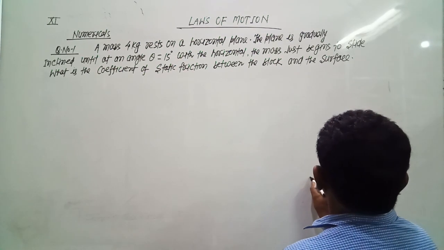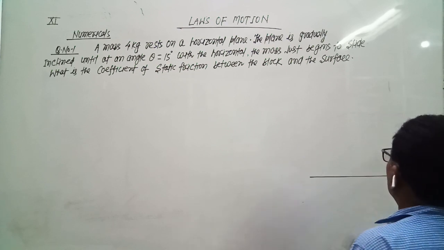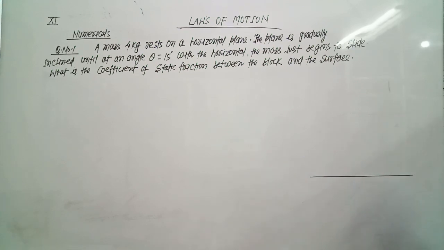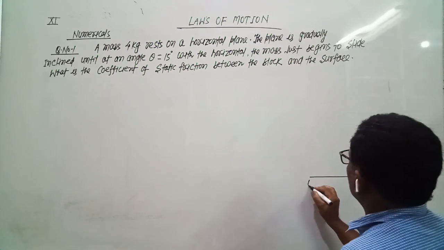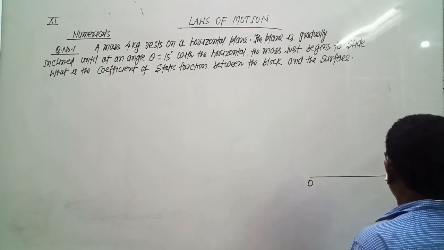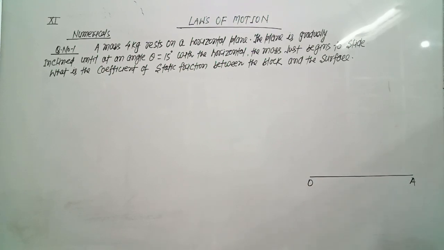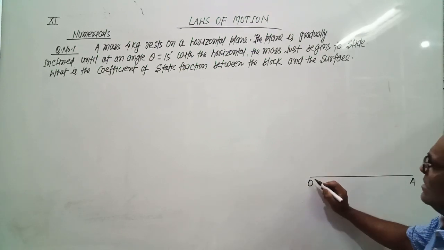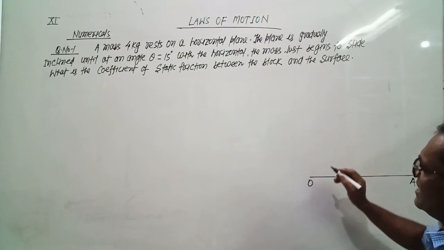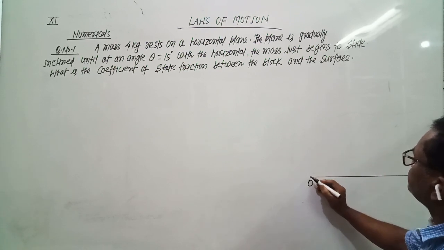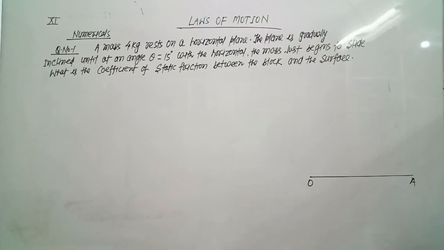So this is the initial position of the plane. Now the plane is gradually inclined at an angle theta equal to 15 degrees with the horizontal.